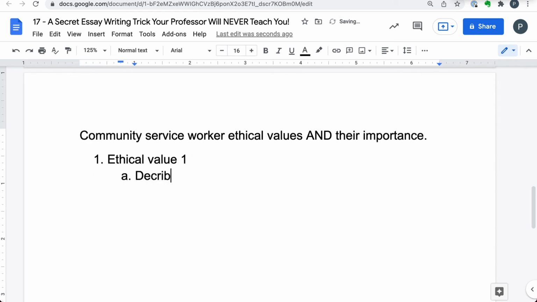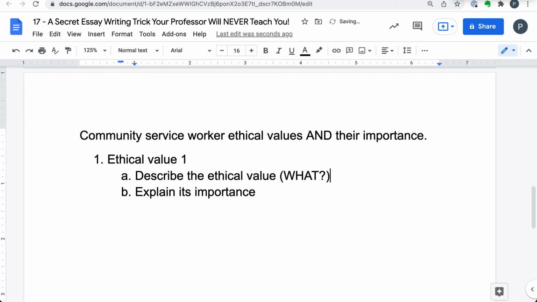Describe the ethical value and explain its importance. This is going to be the what part. This is going to be the why part, you see? And that's it. And just continue, do exactly the same thing.